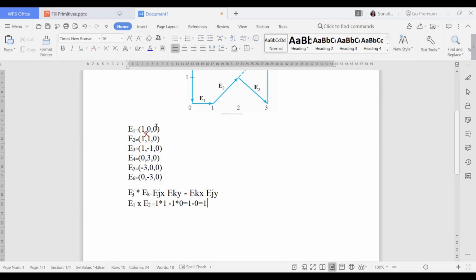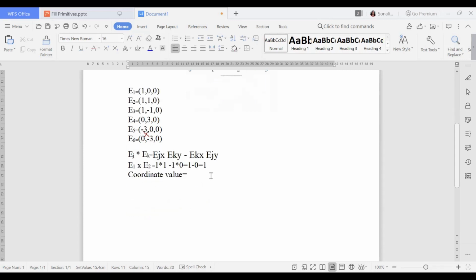As the value is 1, what will be the coordinate values now? For E1 and E2, we have counted this in the xy plane, so this is the value of my z. The x and y values will be 0 comma 0 comma 1. So this is the coordinate value of this edge vector.